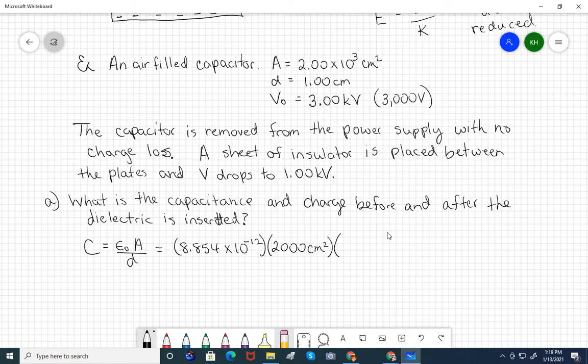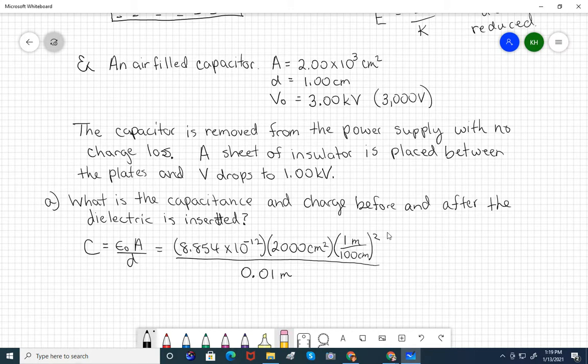I know 1 meter is 100 centimeters, so I'm going to have to square that to get rid of the centimeter squared. So actually I'm going to end up dividing by 10,000 there. So that gets the area. And the distance is 1 centimeter, which is 0.01 meter.